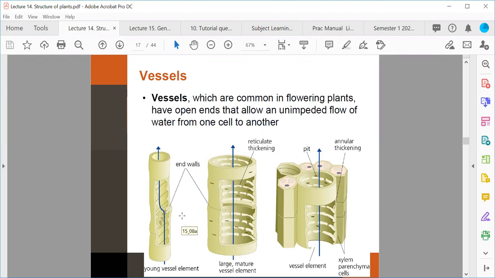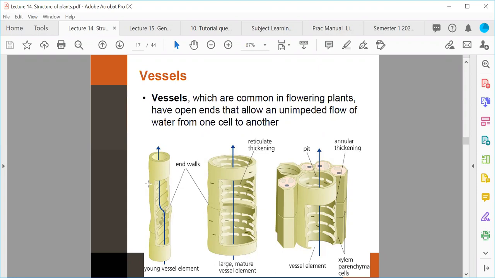Even though vessel elements are living cells when they're first formed, when they mature, they lose all their cell contents. The ends of the cells degenerate, so what you're left with is basically a hollow tube.